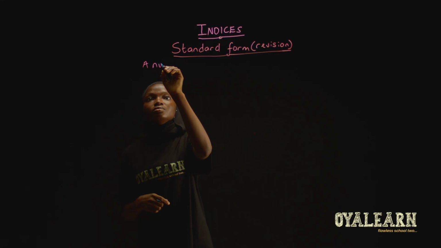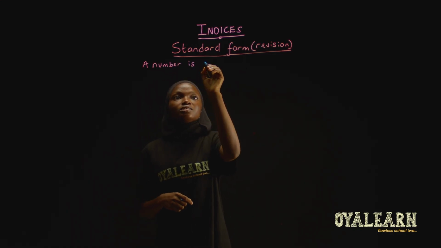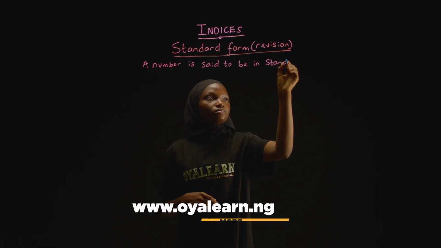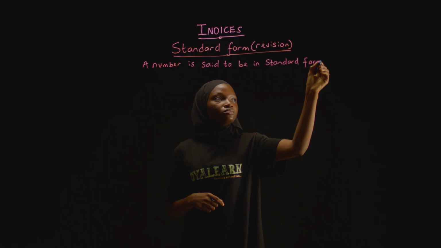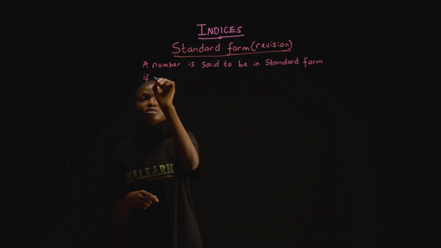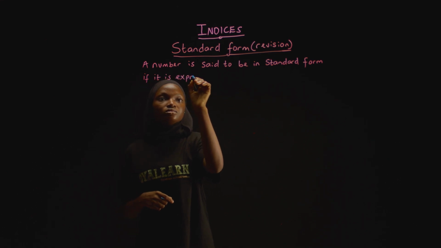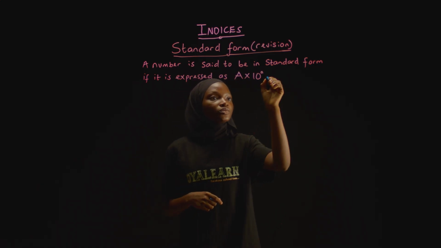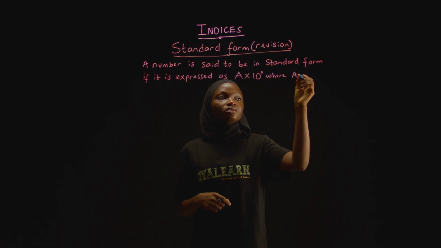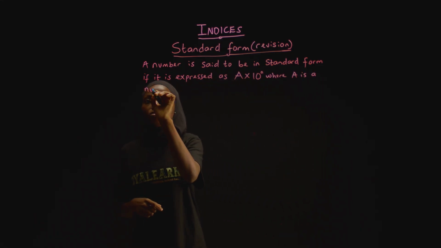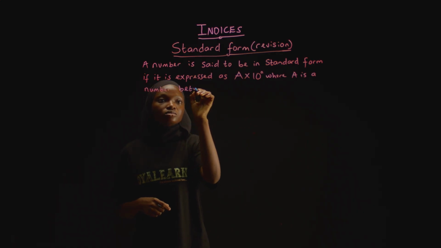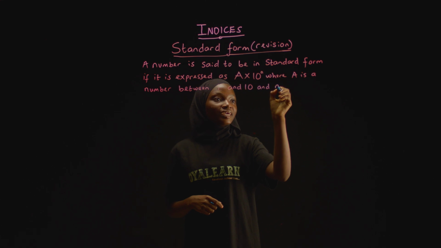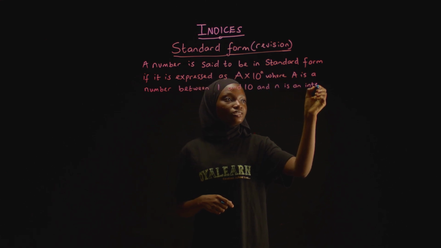A number is said to be in standard form if it is expressed as a times 10 raised to the power of n, where a is a number between 1 and 10 and n is an integer.